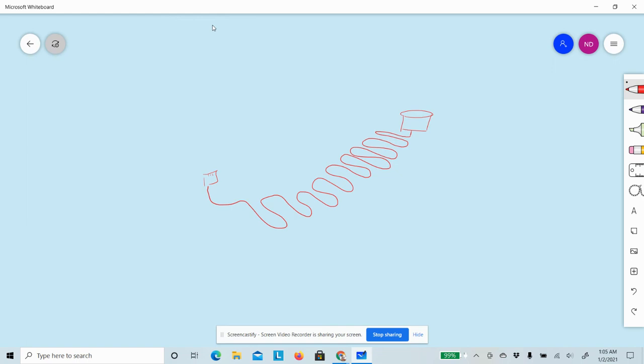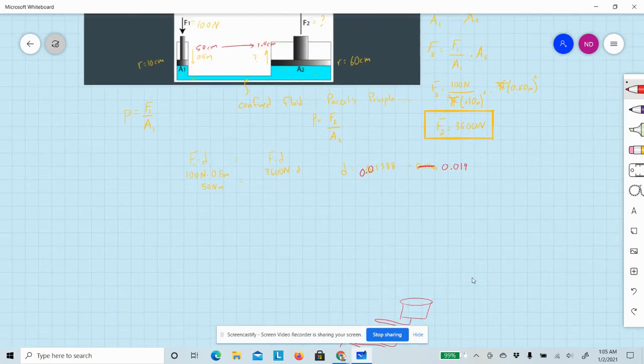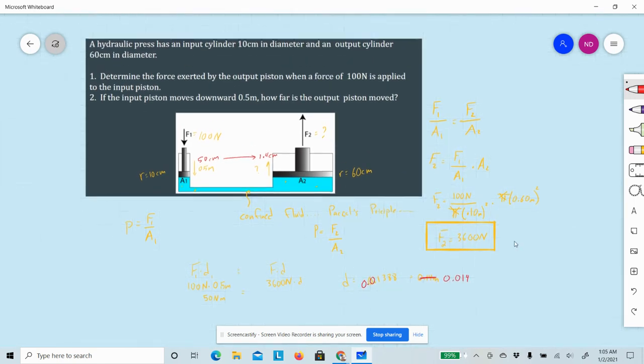To get a car 6 feet, 7 feet up in the air, you need hundreds of feet of piping to get that to work. Hope that makes sense. So just to clarify, the distance of the output piston would be 0.014 meters.